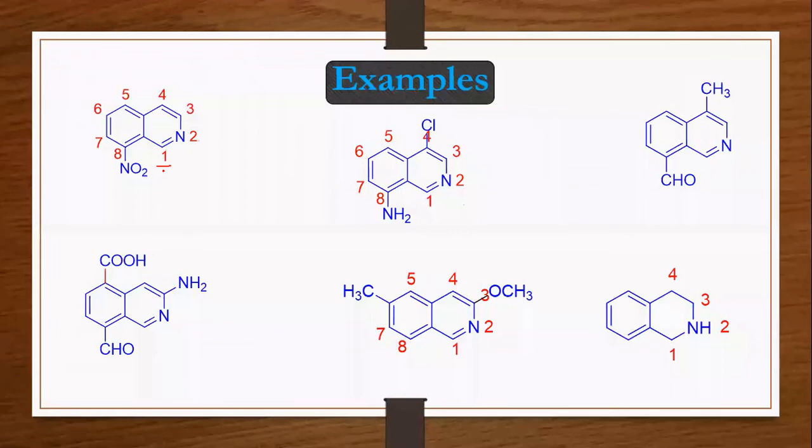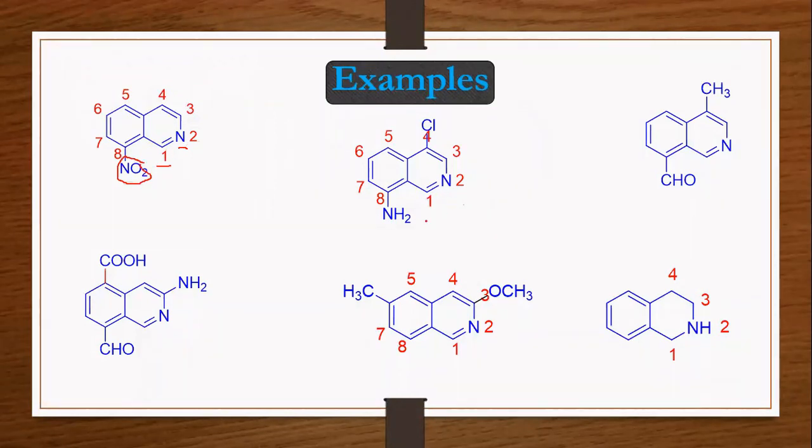Thus, in case of isoquinoline, the nitrogen atom receives the 2 position. Thus, it's 1, 2, 3, 4, 5, 6, 7, and 8. This substituent NO2 is present at the 8th position. Hence, the name is very simple. It is 8-nitroisoquinoline.